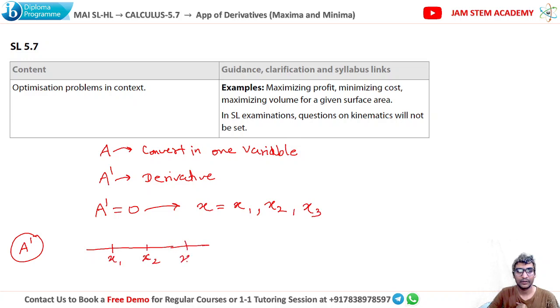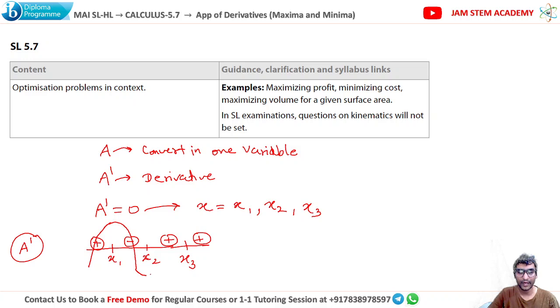Okay, so first we will check what is the sign of A prime for the values left to x1. Let's consider it comes out as positive, this comes out as negative, this comes out as positive, and this comes out as positive again. So you know that the nature will be something like this. It is increasing here up to x1. Then after x1, it starts to decrease, right?